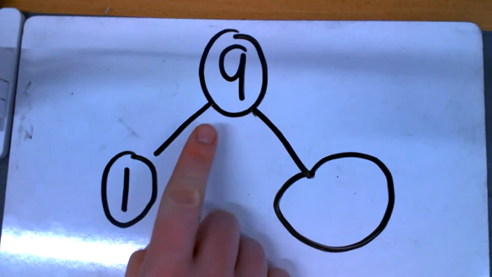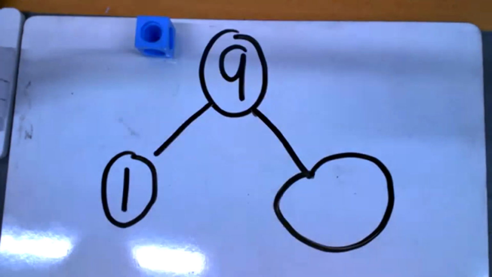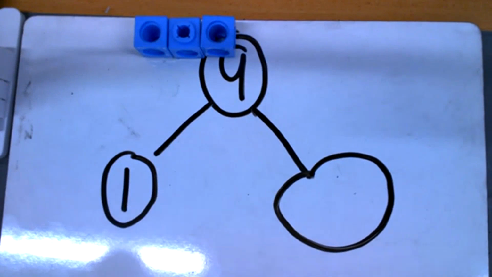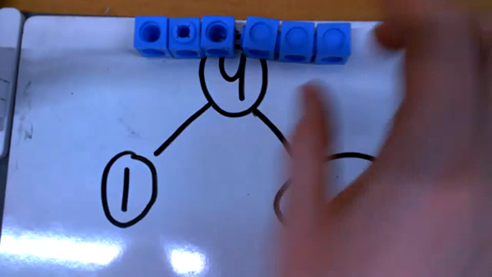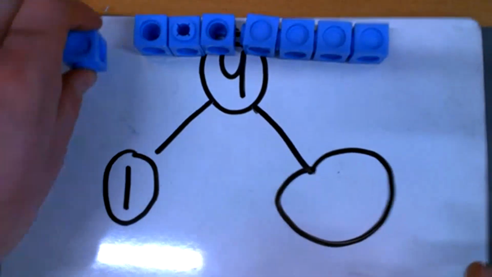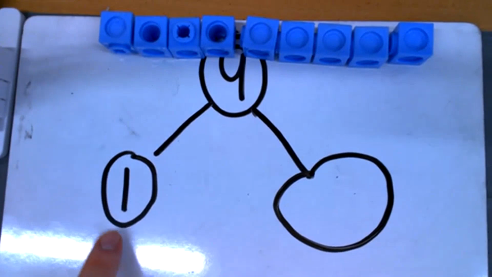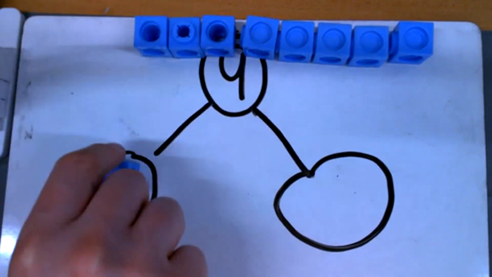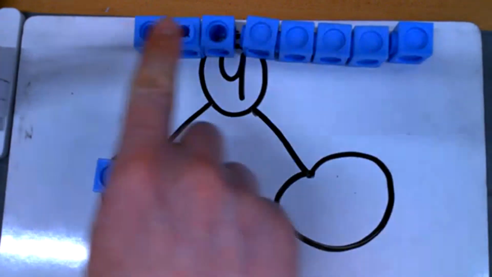So I have got 9 is my whole number. In this part, I have got 1. We don't know how many we've got here. So let's get my 9 cubes and put them up at the top. 3, 4, 5, 6, 7, 8, 9. There's my 9 cubes. And how many do I need to put over here? 1. Very good. I'm going to put 1 over here. Now, what am I going to do with all of these then?